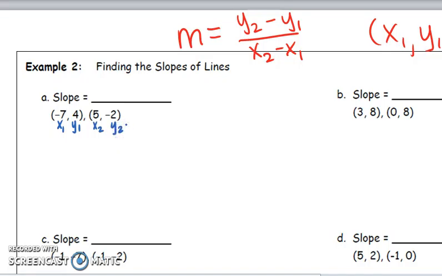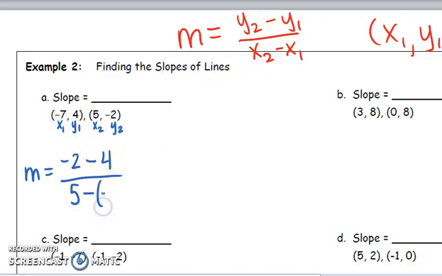Now it doesn't matter which one you choose, I just like to choose that one because it came first, so I call it (x1, y1). So using the setup of my slope, I'm going to take the y2, which is -2, and I'm going to subtract, as in my formula up here, from it the y1, which is 4, all divided by the x2, which is 5, minus the x1, which is negative 7.